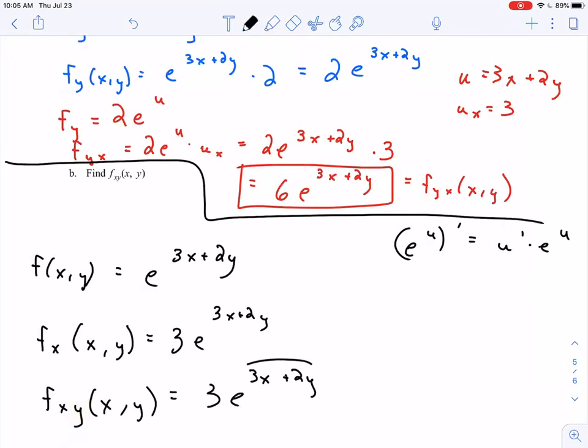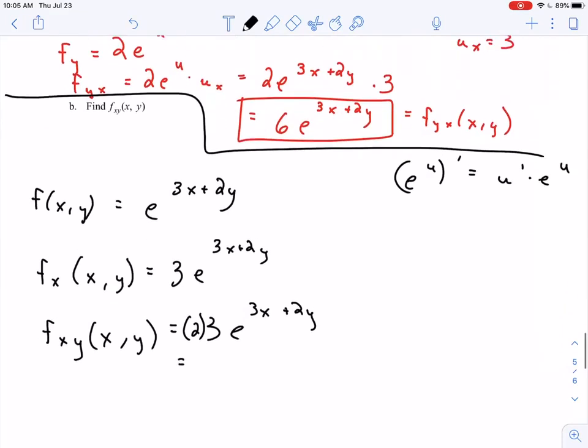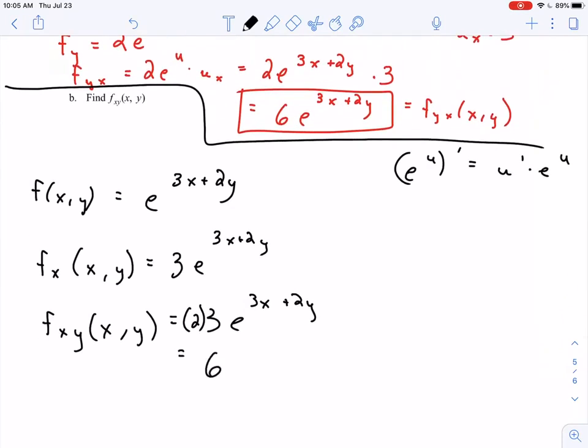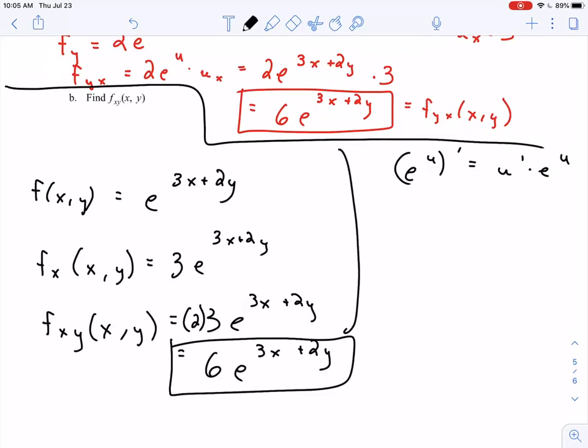So the derivative of 3x plus 2y with respect to y, that's going to be 2. So 2 times 3, hey, there I have 6e to the 3x plus 2y power. I see once again, hey, that these two match up. That's awfully nice. Again, I won't say that will happen every single time, but it will happen the majority of the time.